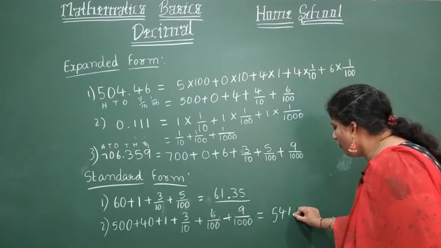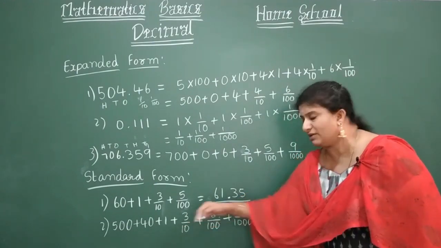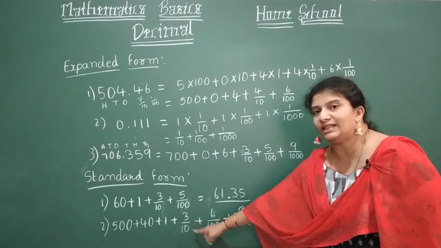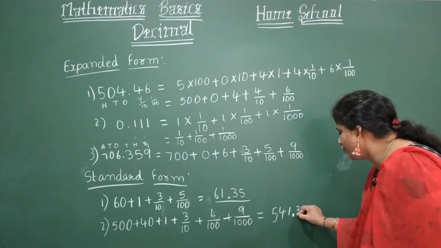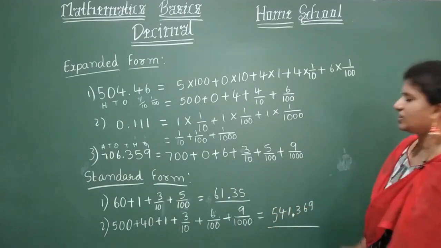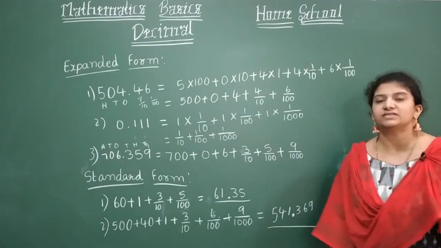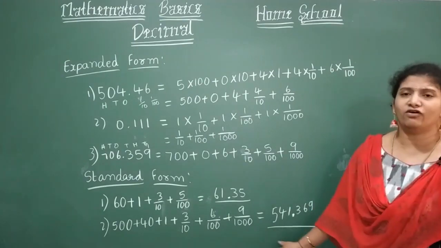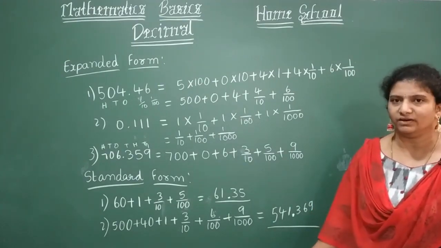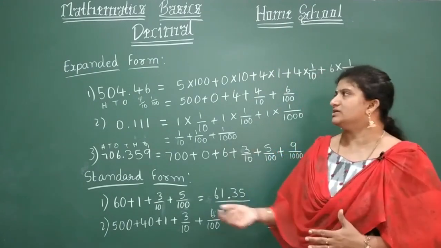Write 1. Point, your decimal point, be careful here, children. Here you should write a decimal point. 3 by 10th. Point 369. This is your answer. 541.369 is your standard form of a decimal number. Okay, this is the way we convert this, children.